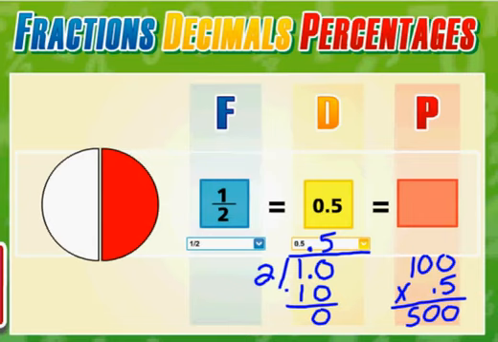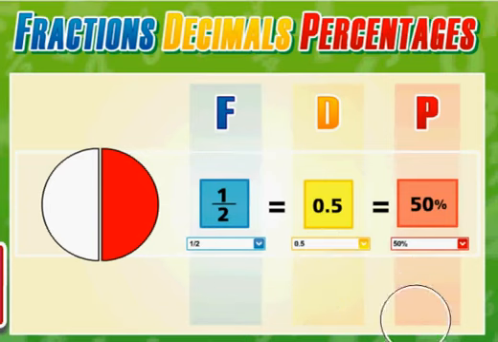We have one digit that's behind the decimal up top, so that means we need to have one digit behind the decimal in our answer. So we get 50%, 50.0.